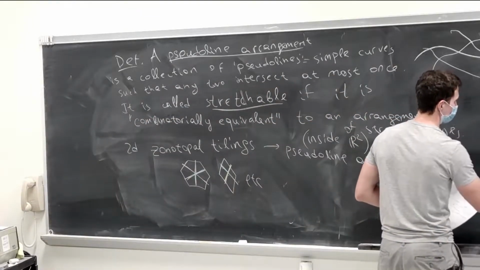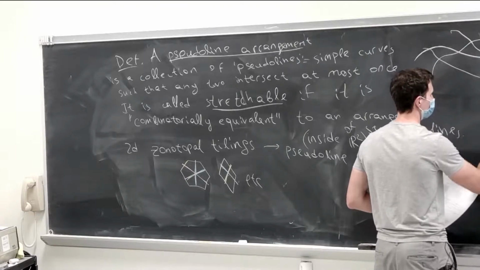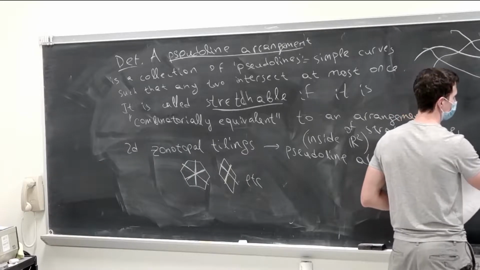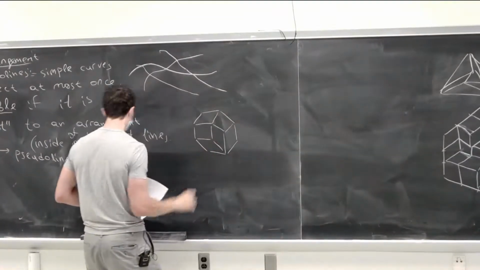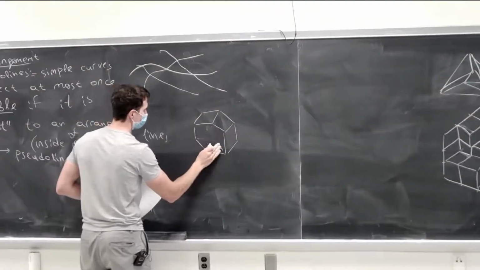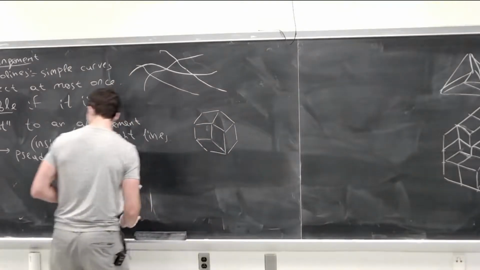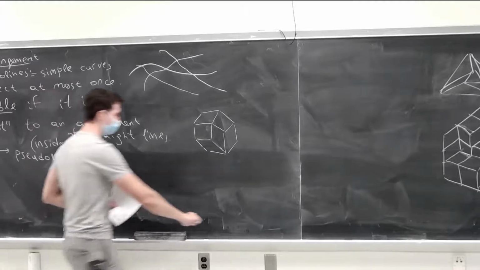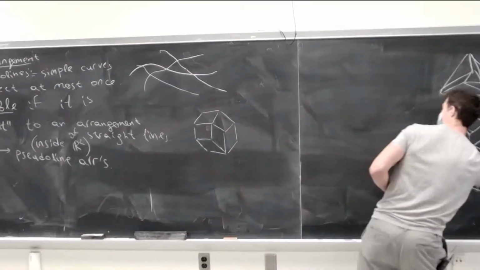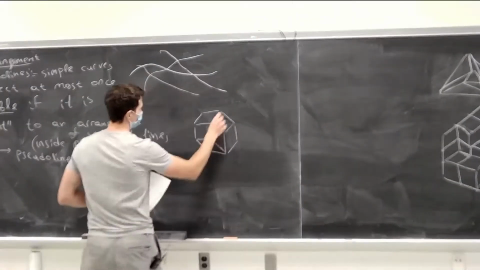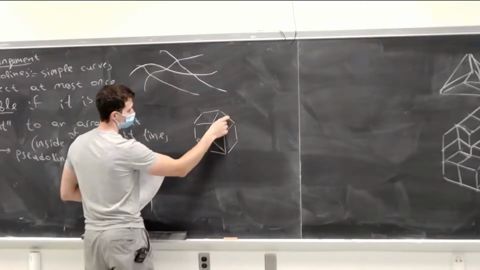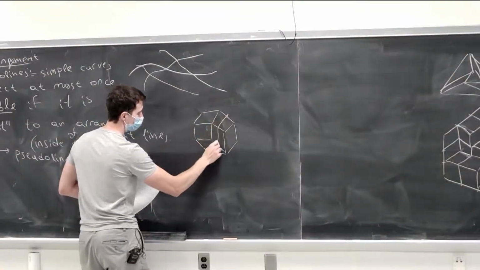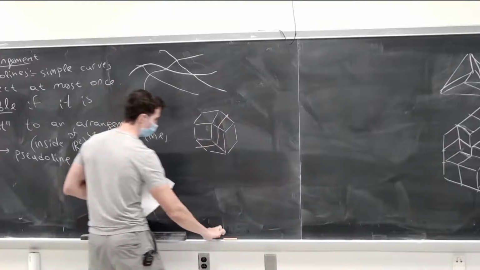For example, let's say I take the octagon, and let's take a fine tiling first. Then I should use all of my colors. I just start at the midpoint of some edge, and then I get one pseudoline.